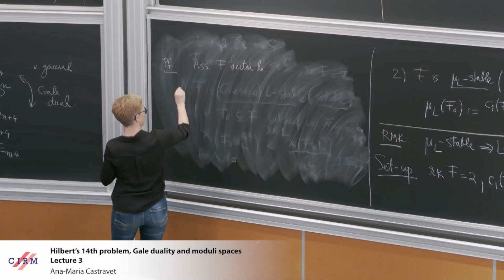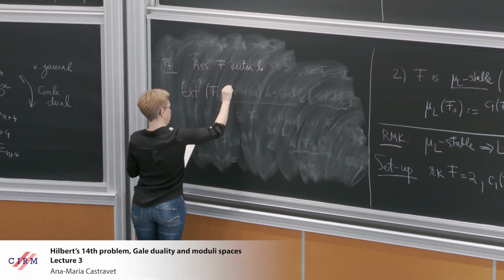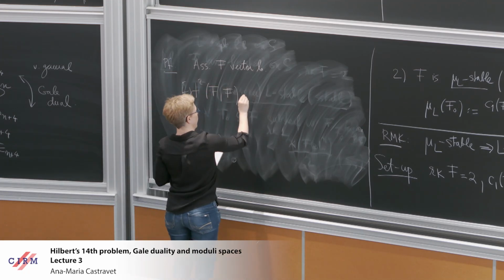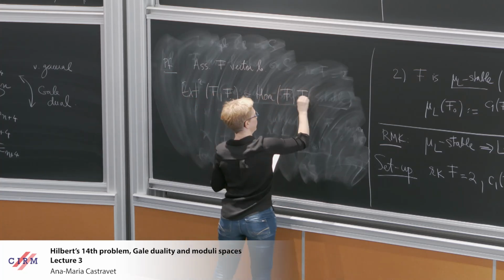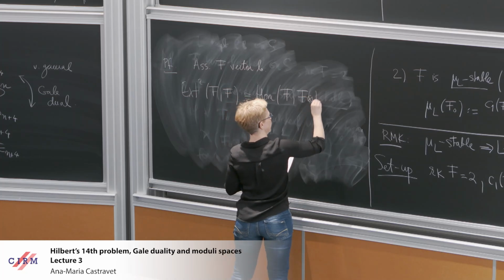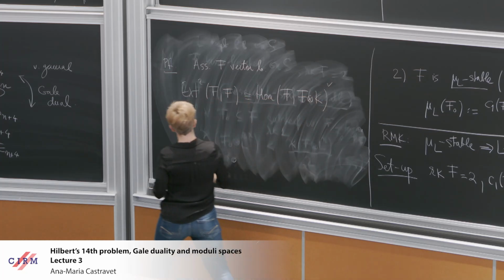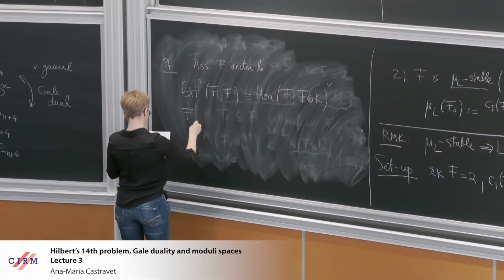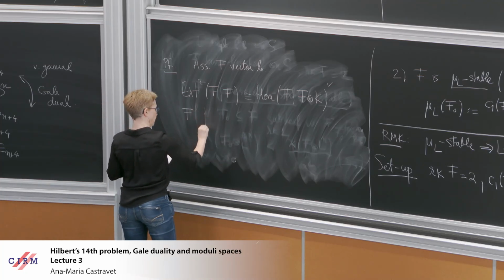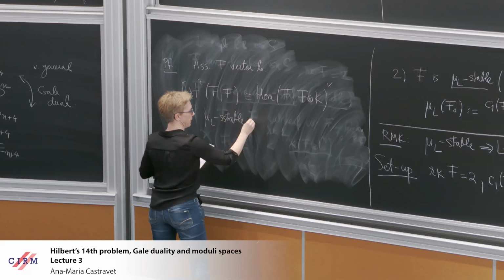Okay, so then we're trying to show that the Ext2 of F and F is 0. So by self-duality, this is the same as looking at the space of the Hom between F and F tensor K. So we're trying to show this is 0. And then an easy observation is that if F is mu L semi-stable, if I tensor with a line bundle, the same will be true.